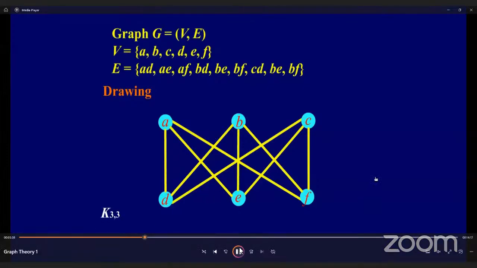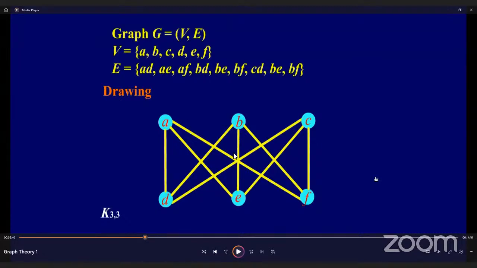And here we have how many crossings? 1, 2, 3, 4, 5, 6, 7, 8, 9. So there are 9 crossings. The one in the middle, you count: this edge crosses that edge, this edge crosses this edge, and this edge crosses this edge.